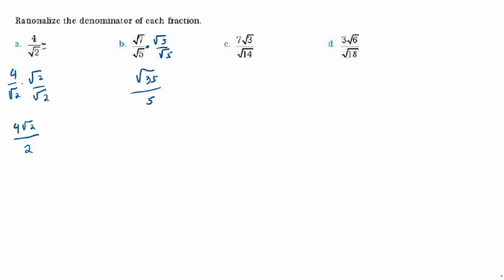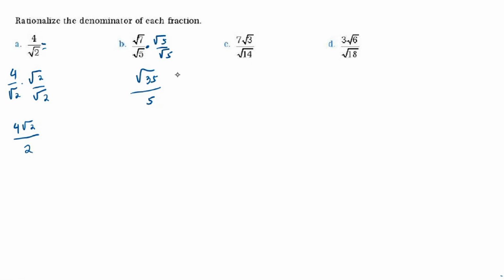Okay? And for letter C, we have the denominator square root of 14. What number are we going to multiply the square root of 14 by to make it a perfect square? 14 is not a perfect square, so what are we going to do? We multiply also by square root of 14.